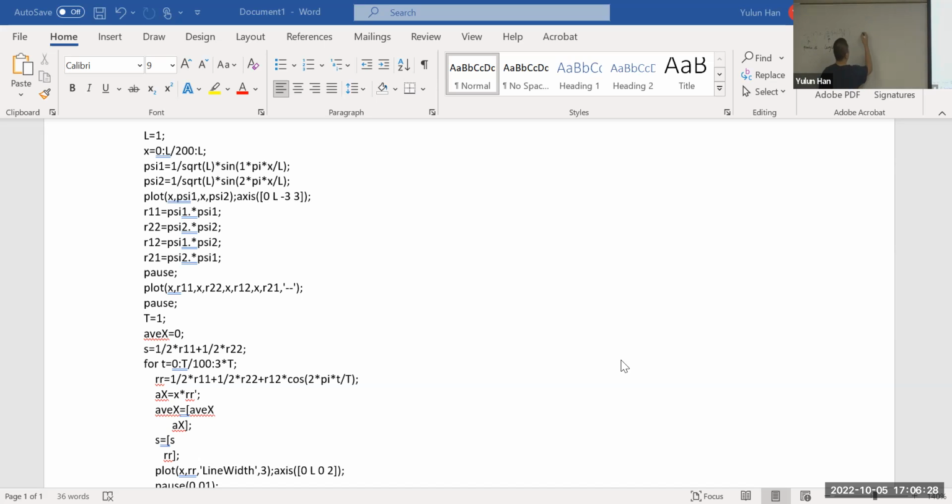So for ground state, first excited state. Makes sense, right? Does anyone know why we cannot have 0 as our quantum number? Any idea?